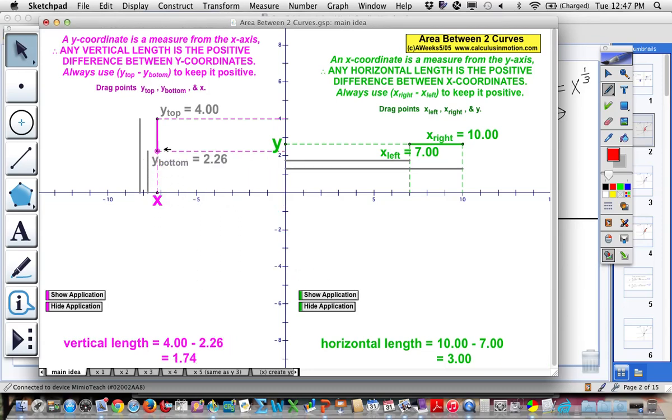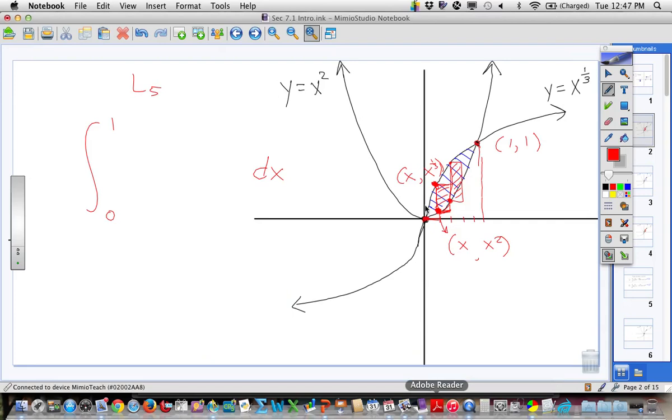And you're going to hear me call that a strip a lot. You're going to hear that term strip because basically what we're trying to do is think about rectangles. Now the width, remember, is the dx. So the top y value is x to the 1/3, right? It says it right there: y equals x to the 1/3. So that's what the y value is. And on this one, the y value is x squared.